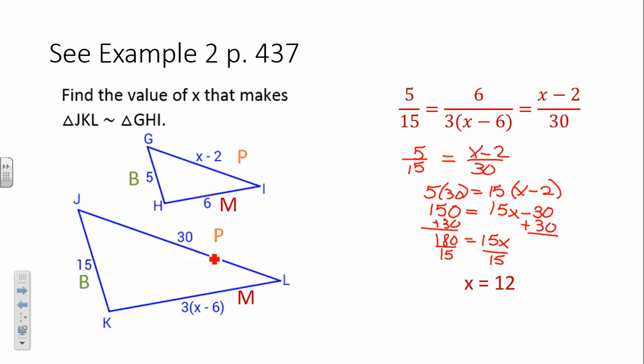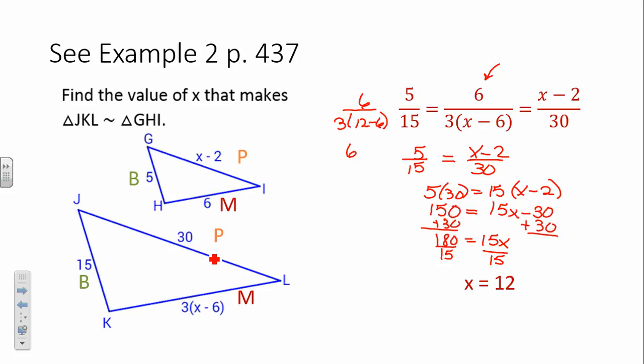We can test ourselves or check ourselves to make sure that it's right by using our third fraction here. We can take the 6 and divide it by 3 times (12 minus 6) as our check. 12 minus 6 is in parentheses, so we're doing that first. We'll get a positive 6, and 3 times 6 is 18.